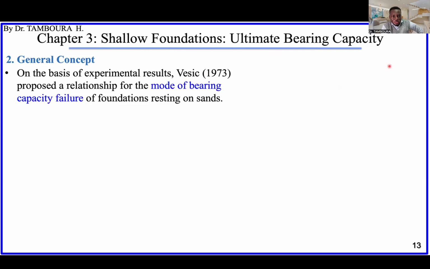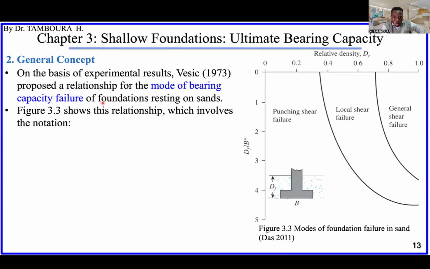So on the basis of experiments, Vesic in 1973 proposed a relationship for the mode of bearing capacity failure, like the failure mode of footing, which is shown here.